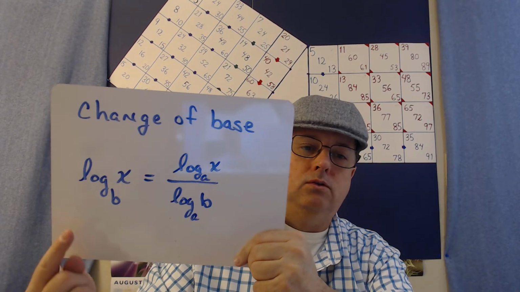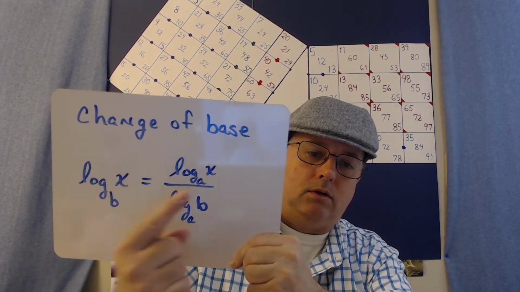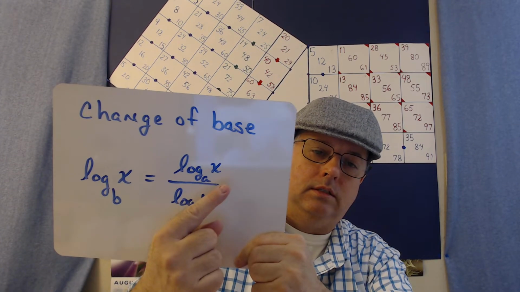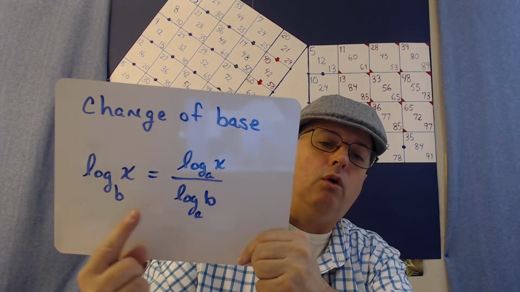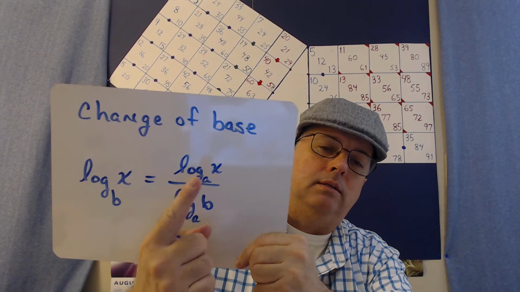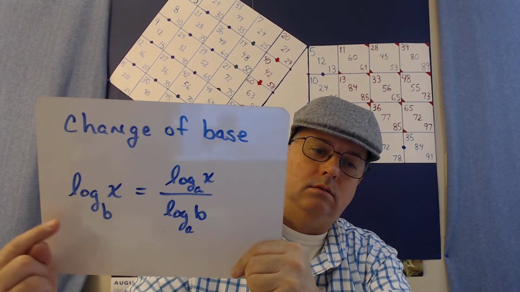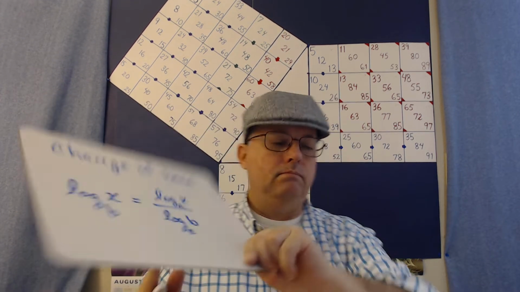So the log statements are the same. The log base b of x is equal to that, as long as you remember that it wasn't base a to begin with, it was base b.